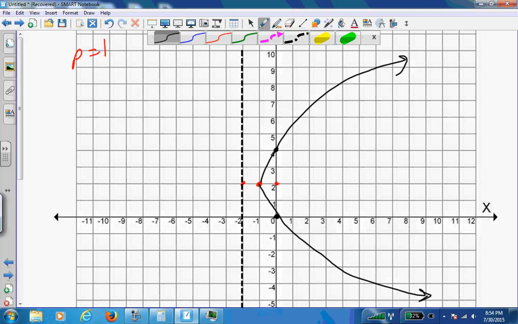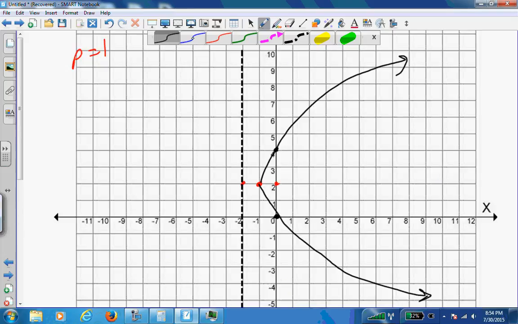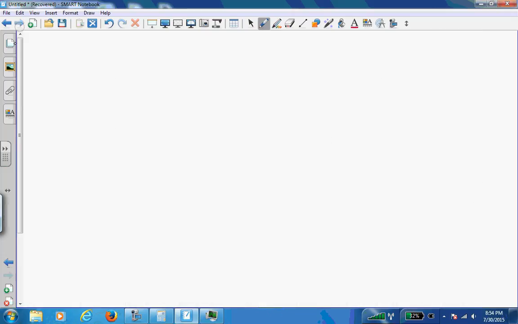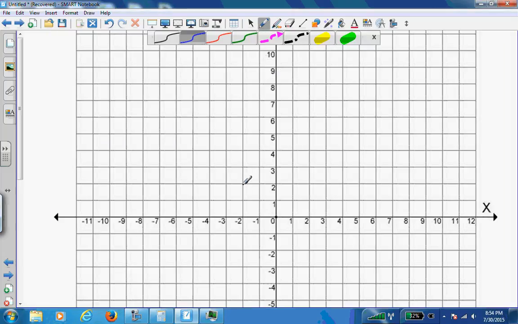So we took an equation, we found the focus, the vertex, and the directrix from that equation. And we didn't write the equation of the directrix, but for a vertical line it's x equals, and the directrix has an x value of -2. Let's say we have another one. Let's suppose that we have a vertex here and the focus here.